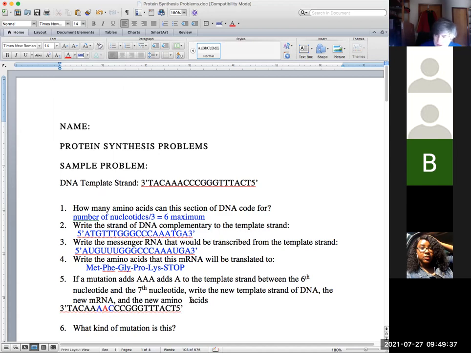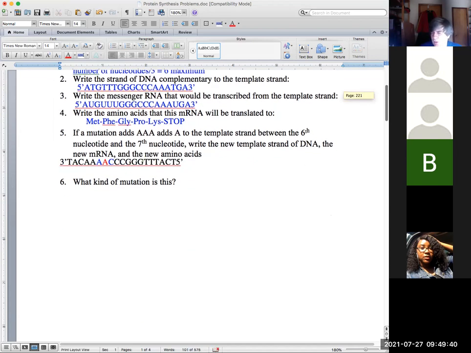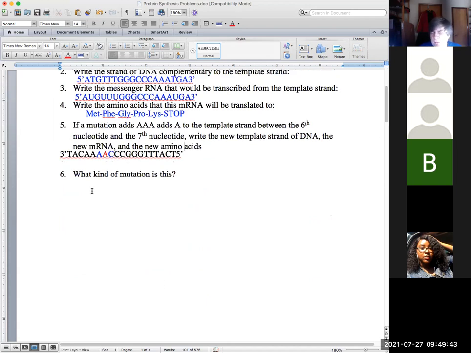Okay, so now let's think about how we're going to figure out our new amino acids. First thing to keep in mind is you don't have to, but what some people find useful is to go into the messenger RNA or even the DNA. And since we're going to be looking at it 3 letters at a time, let's highlight these.